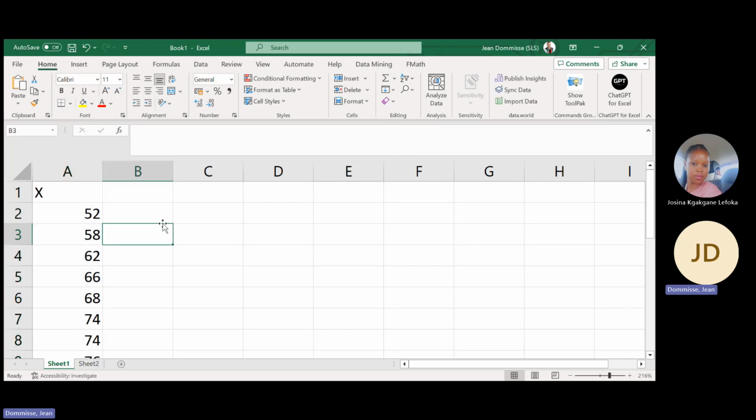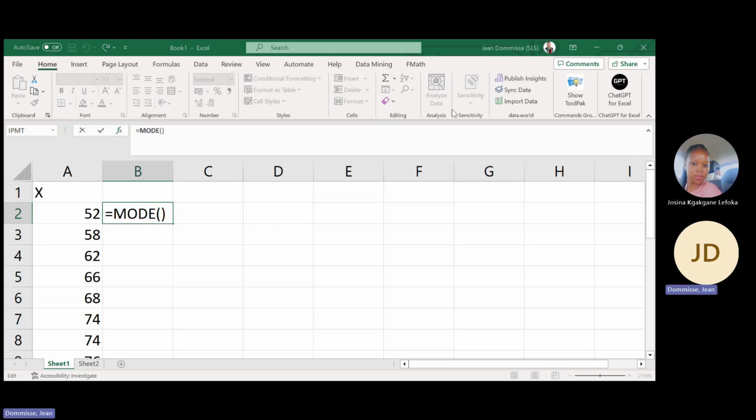Okay, so now there's a few built-in Excel functions. So let's start with the three of mode, median, and mean. So I'm going to do the mode first.